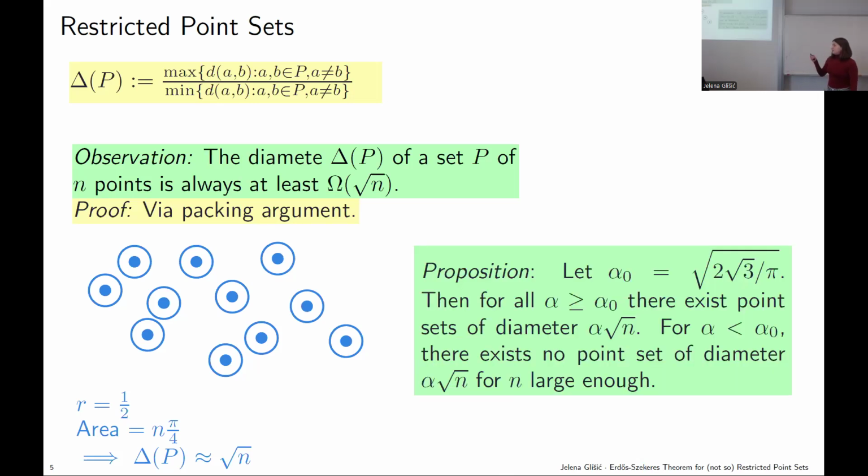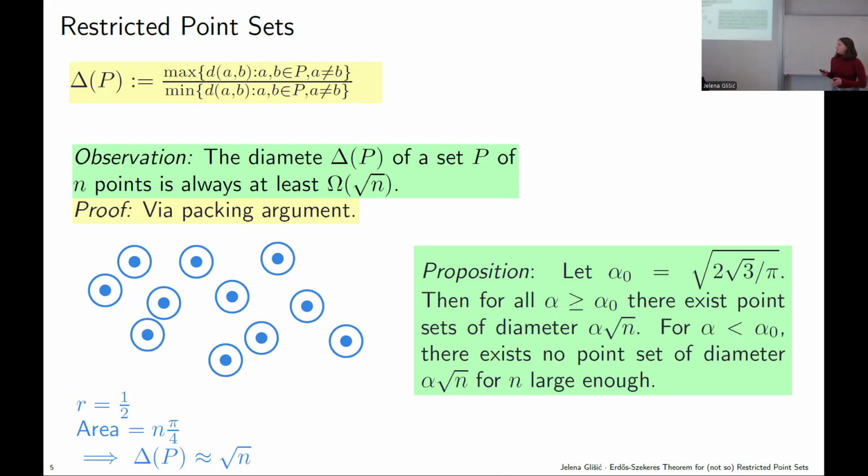So in particular, there is some constant, I'll call it alpha 0. It's this number here. And whenever I have alpha larger than this fixed constant, there is some point set that has diameter exactly alpha square root of n. And for anything smaller than alpha 0, there are no examples of such point sets.